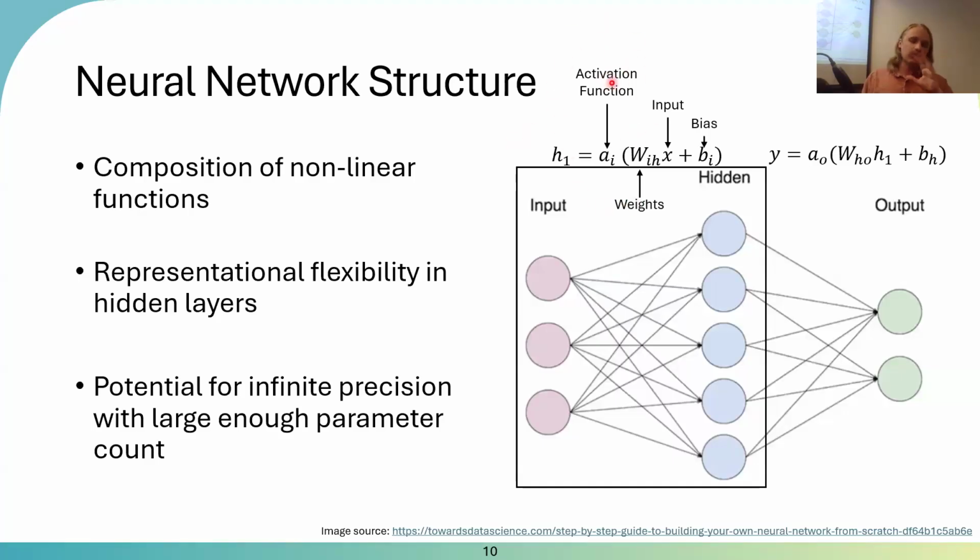I'll describe what forms these can take in a future slide. I just want to point out that this input will be in vector form, and these weights will be in matrix form. Since we have a matrix times a vector, that will be another vector, which may or may not be the same dimension as the previous layer. So we have that flexibility.